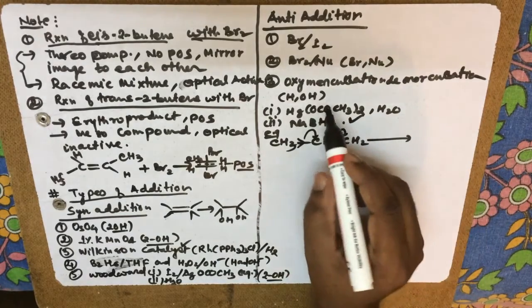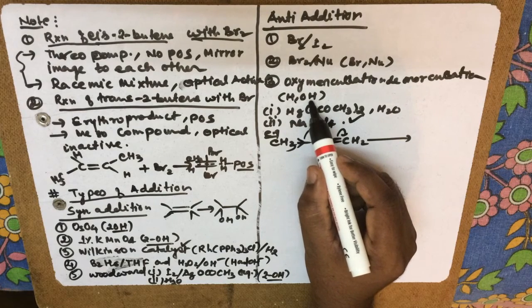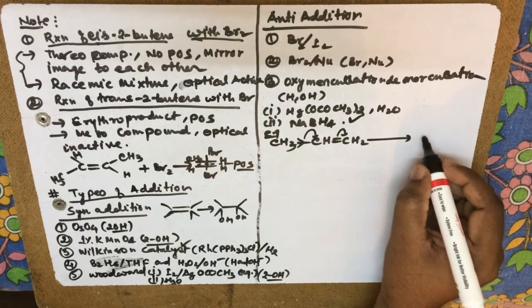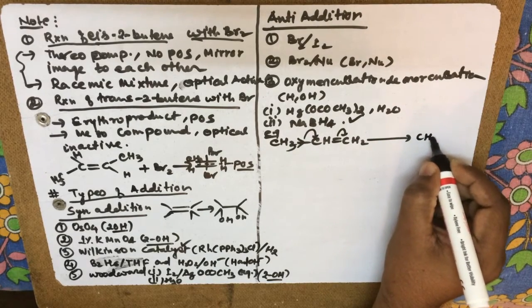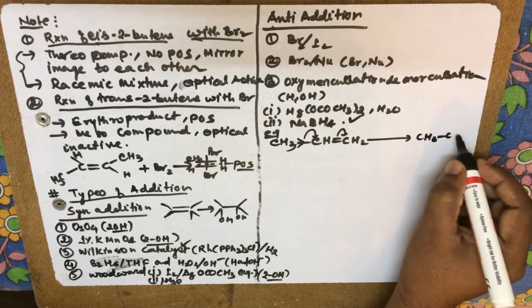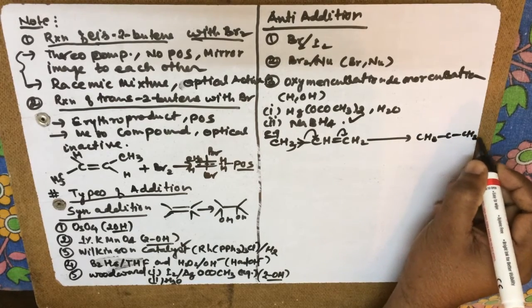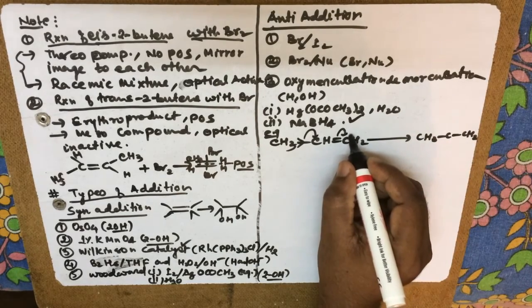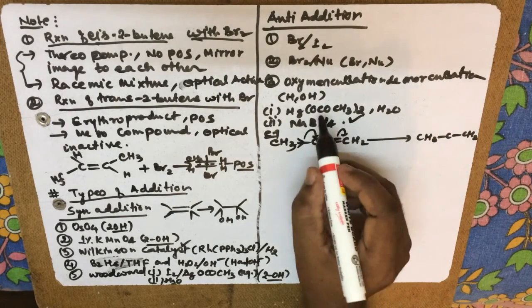Here H and OH are adding, in an anti-addition manner. So CH3, C single bond CH2, and here it will create a negative.